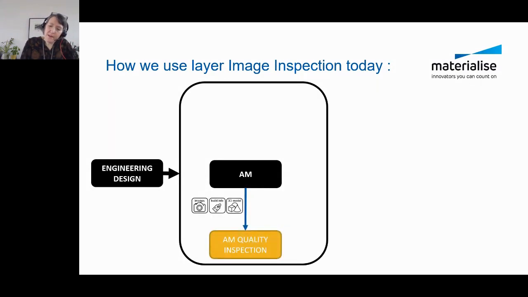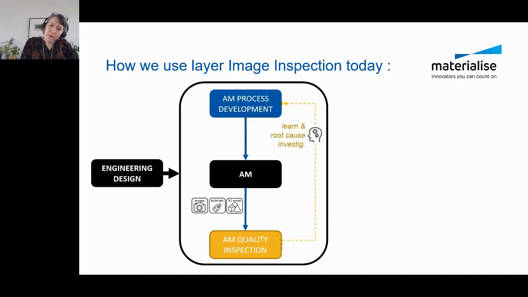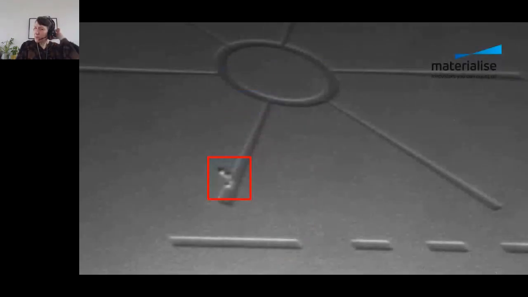We do the image quality inspection, and one of the things that I did not drill down on, but that I started my story with, is we can use the information also as input for our process development, for our people who do machine maintenance and so on, and really use it as a root cause investigation. And to give you a bit of feedback there, remember this droplet from the beginning.